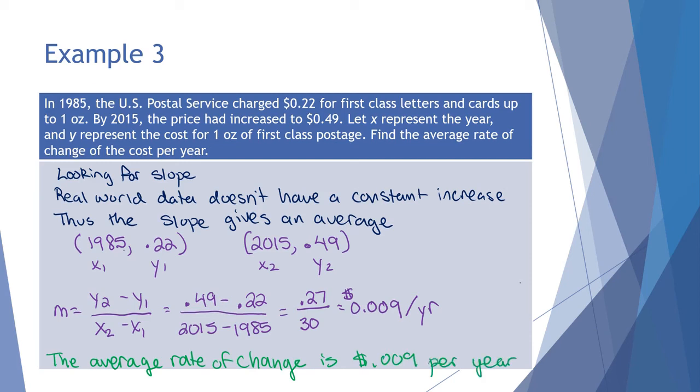You can give it more context, saying the average rate of change of the cost of first class postage, but just enough so that you're saying this is the slope or the average rate of change, and this is the units. So it has some context to your answer. You're not just giving 0.009.